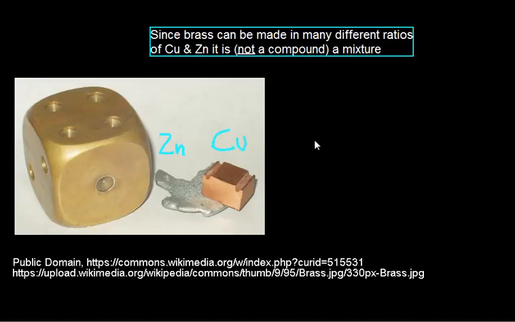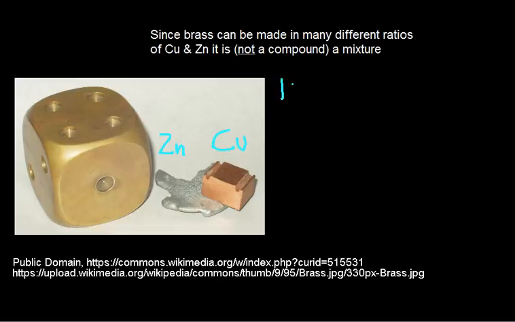Meaning, if it would have to be in a specific ratio, then we would not consider it a mixture, and then we would consider that a compound. So another definition that we have for brass is that it's a physical change. And we don't consider it a chemical reaction.